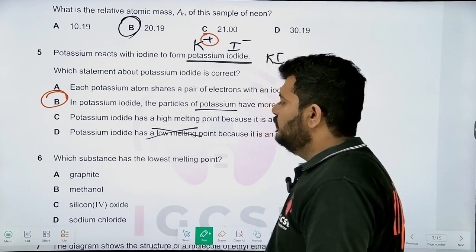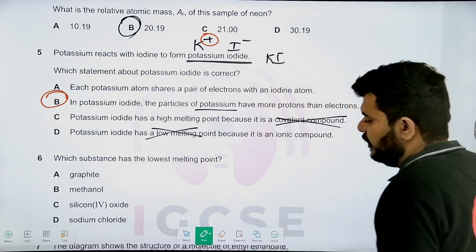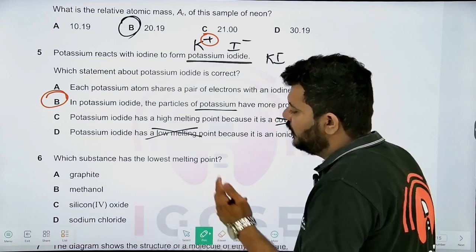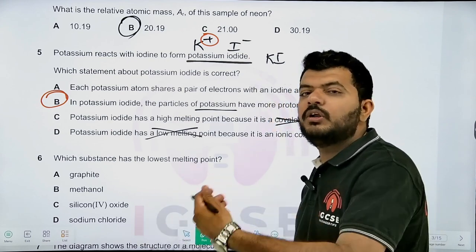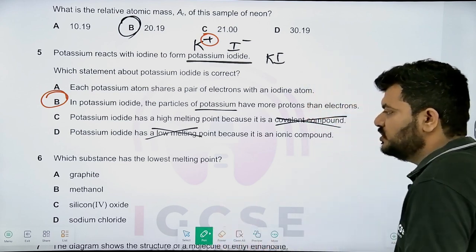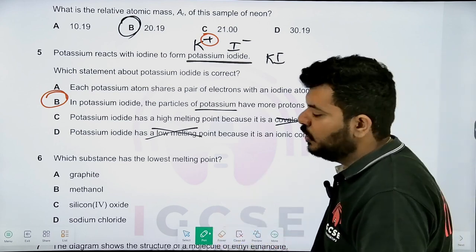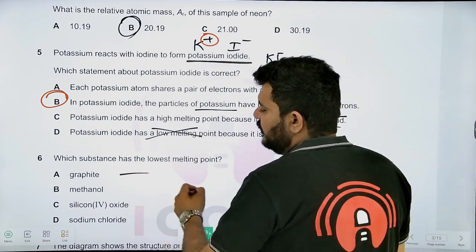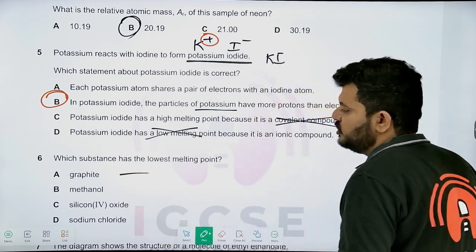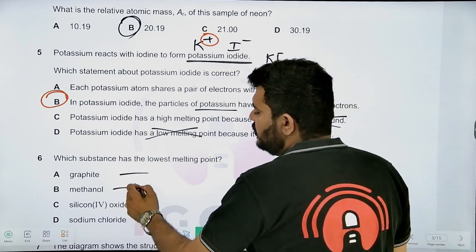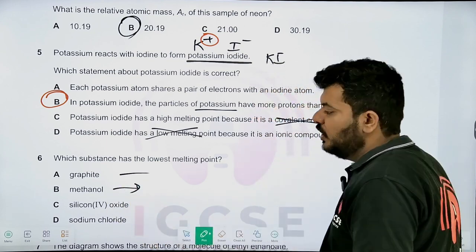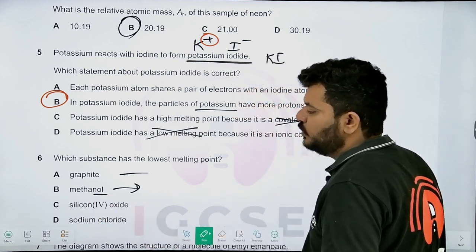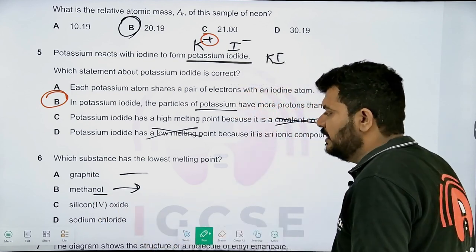Then we have, which substance has the lowest melting point? The one that has the weakest type of bonding, right? So if it is molecular, the simplest structure, it has the lowest melting point. So graphite, it's a giant structure. Methanol, this is a molecular structure, although it is liquid and has polar molecules and hydrogen bonding, it is still liquid, right?